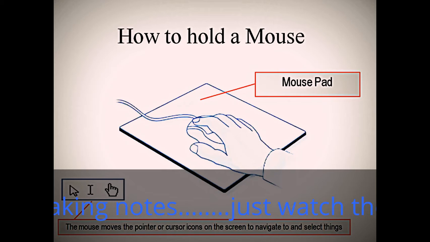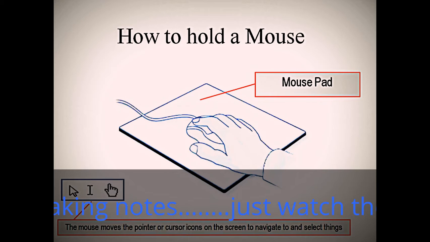But what happens is when you lay your hand on the mouse and you move it away from you, toward you, in circles, keeping it straight, that is, keeping the wire side or the button side facing the computer, you can move it around and it'll move a pointer or cursor on the screen. That's basically how you use a mouse.